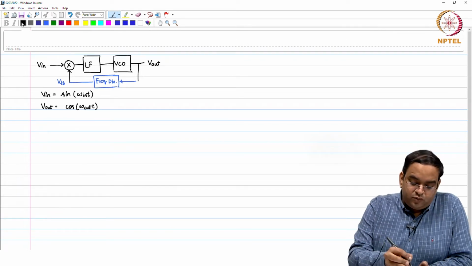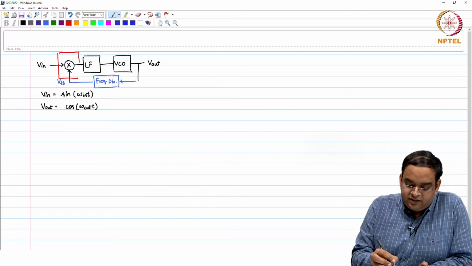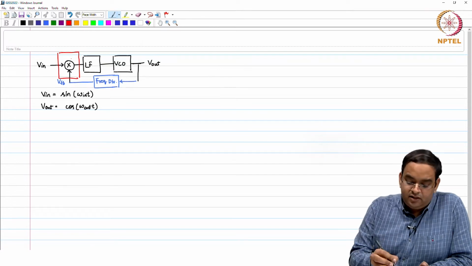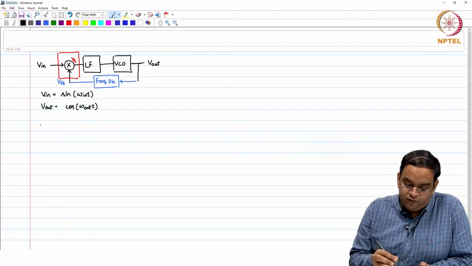At the end of the day, what this mixer is doing is trying to find the phase error between the input and the output phase.